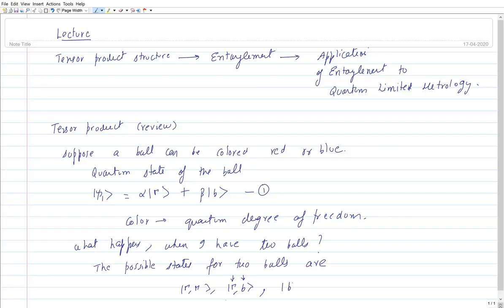Or I can have the first one to be blue, second one to be red, and I can have both the balls to be blue. And in general, the quantum state for two balls, I'll represent it as a superposition of all these states. It's just your fundamental principle of counting.